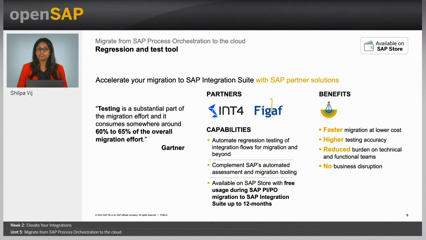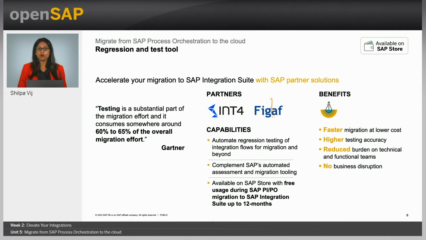The SAP product team has been working closely with technology partners, Infor and FIGAF, for a number of years, first on automated migration tools and more recently around test automation tools. Both partners provide tooling to help automate testing effort, and are specialized in working with SAP Integration Suite and SAP PI/PO technology.